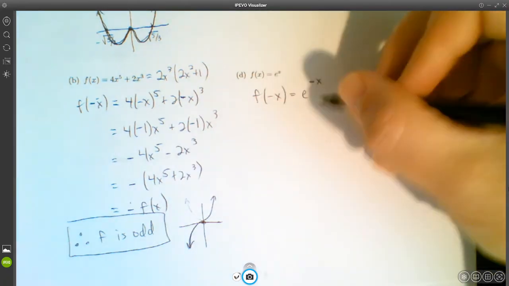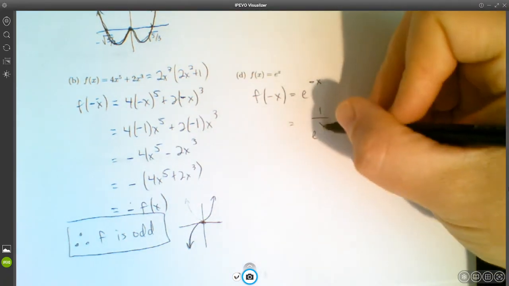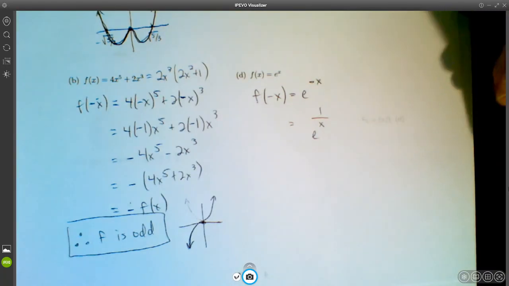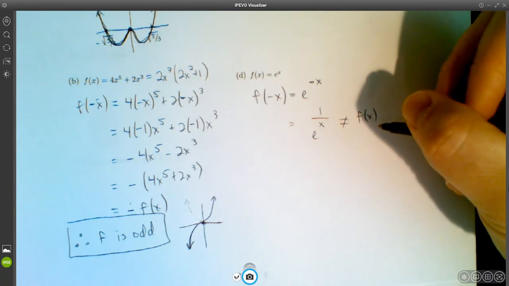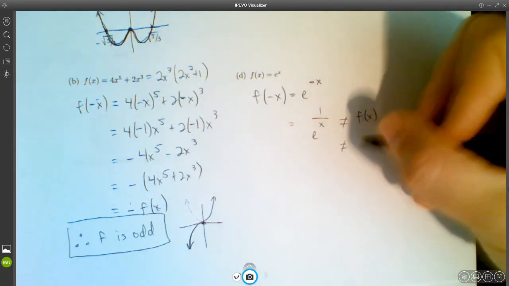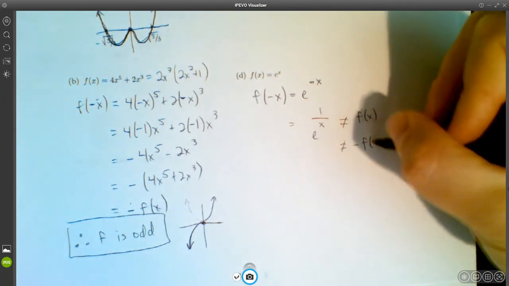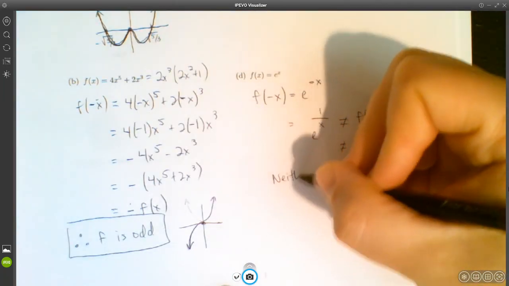If you like, you could call that 1 over e to the positive x. But it's pretty clear that this is not the same thing as f of x. It's also not the same thing as negative f of x, right? So this is something else entirely. So this is neither even nor odd.